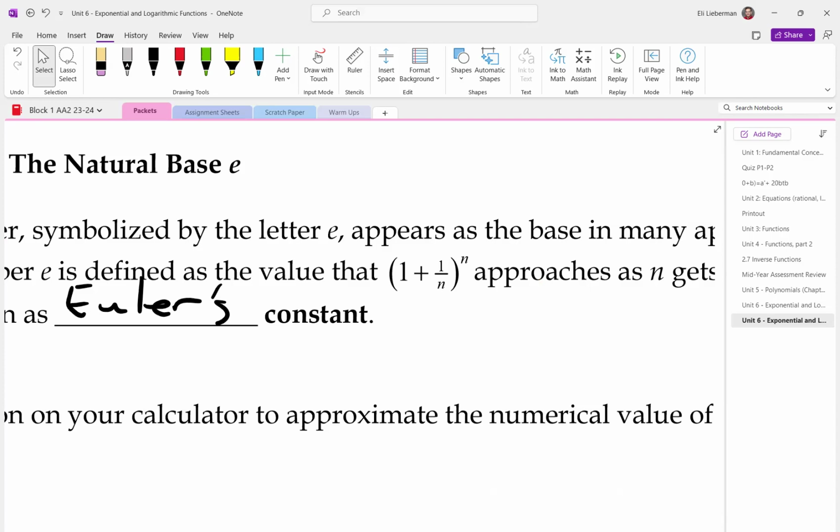Is the charger not here for the calculator? Well, the one that was here wasn't working at all, so I'm looking for a new cable so it will work. I'm sorry.